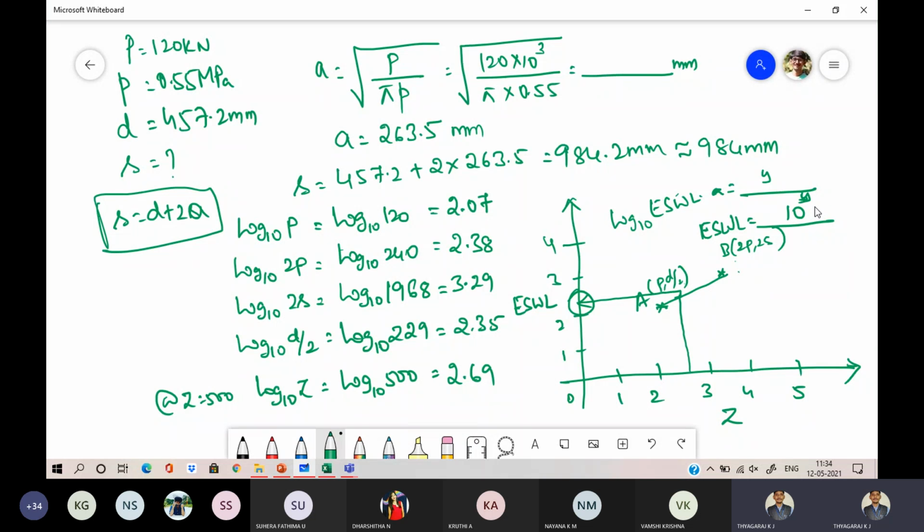So plot it and tell me how much ESWL value you will get. Kindly plot the graph and tell me what will be the ESWL value.